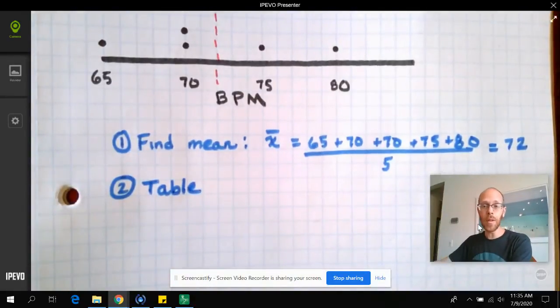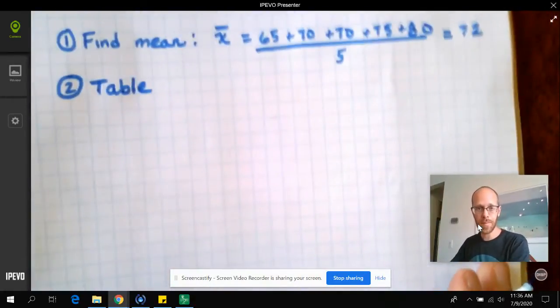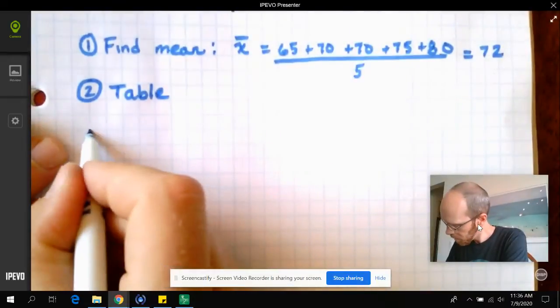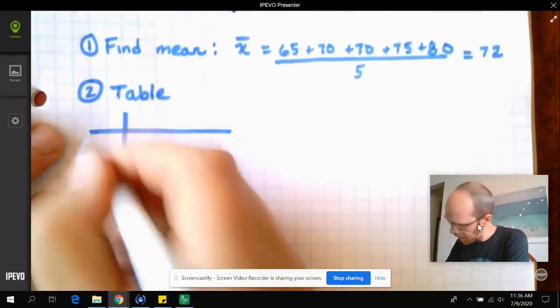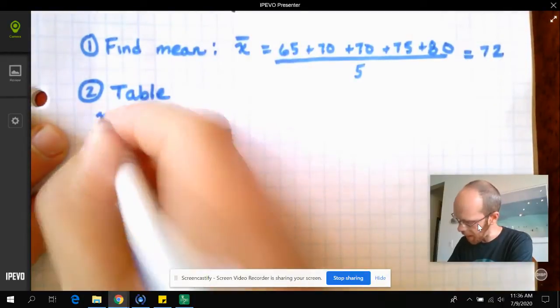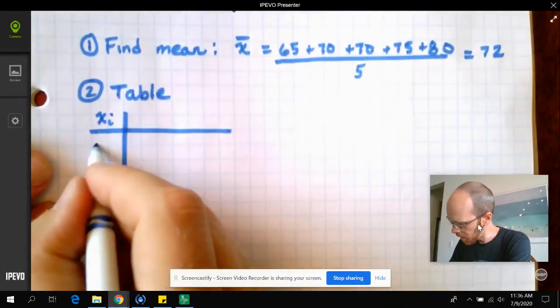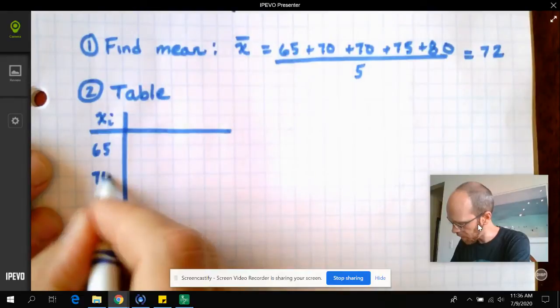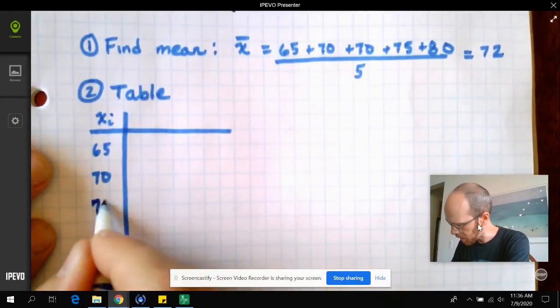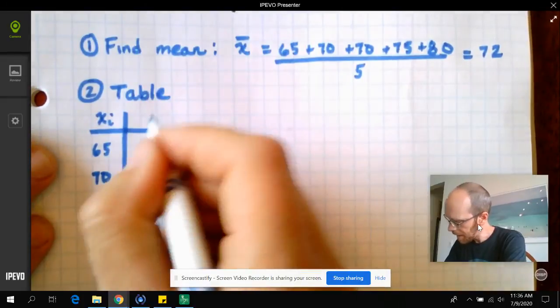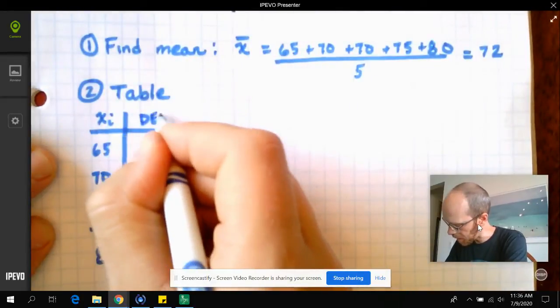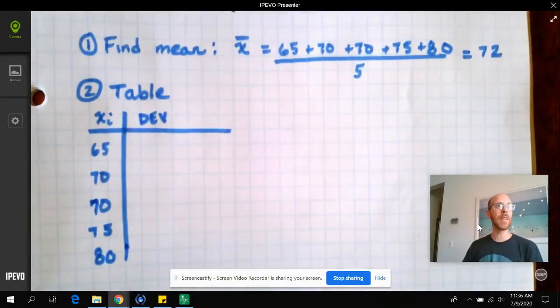The second thing that you're going to do is you are going to construct a table. And that table is going to look like this. First column, list the xi, which were 65, 70, 70, 75, and 80. In the second column, give each one of the deviations.